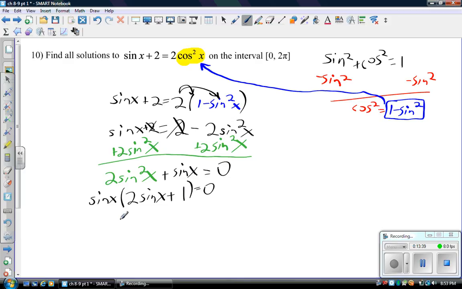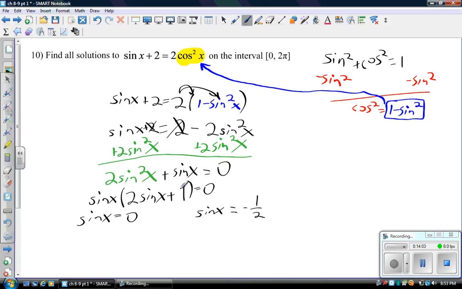Now, hopefully these are starting to look familiar. This is looking like problems we've done several times. Now I have to ask myself, what would sine have to equal for this all to 0 out? Well, for this one, sine would just have to equal 0. And then we'll deal with that in a second. What would this sine have to equal? This sine would have to equal negative 1/2.